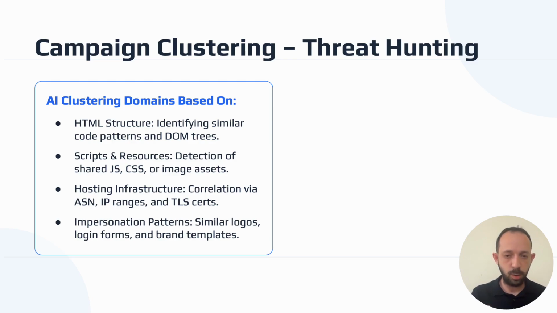Let me explain why. Attackers rarely rely on just one domain. When they launch a campaign, they reuse the same infrastructure, meaning the same template, the same script, the same hosting providers, the same IP ranges in order to build an entire campaign with a lot of domains.